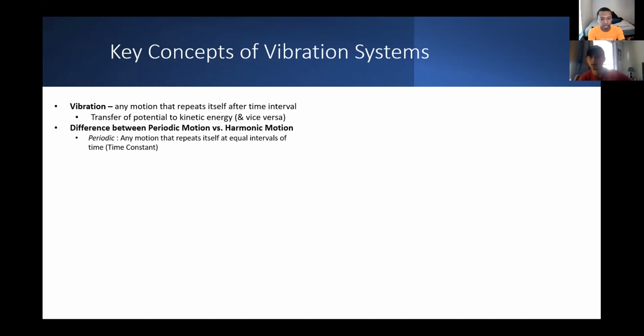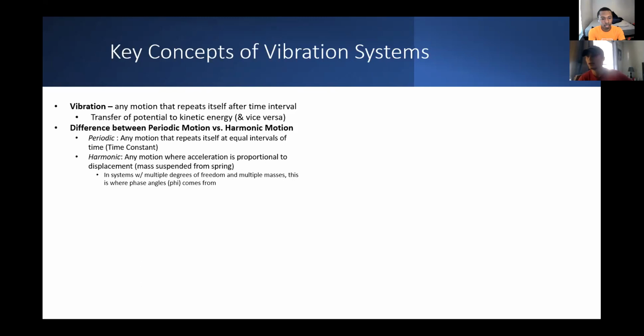So a time constant would be a good thing to think about. Whereas harmonic motion is any motion where acceleration is proportional to displacement. This is where the whole phase angle comes from. Everybody asks what phi means.